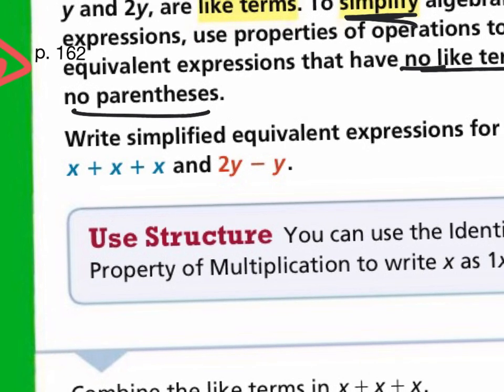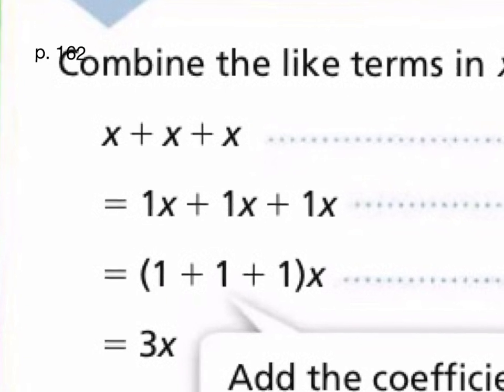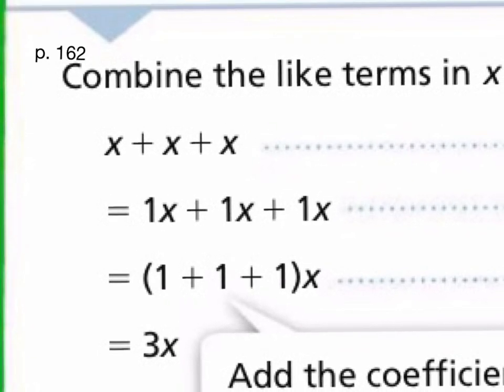So the first one, we have x plus x plus x. Anytime you have a variable, if there's not a number in front of it, if there's not a coefficient, you can always put a 1 there, because instead of x, if I have 1x, that means 1 times x. If you multiply something by 1, it doesn't change it. So we can put 1s in front of all these x's.